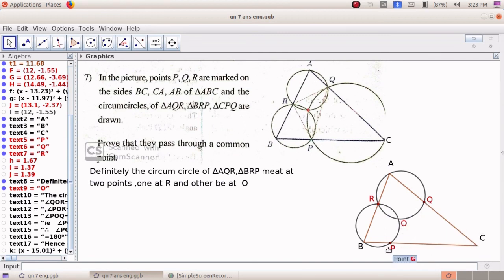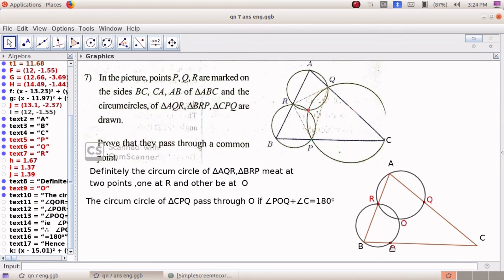If we prove angle POQ plus angle C is 180 degree, we tell that it is a cyclic quadrilateral. That means when a circle is drawn through CPQ, or a circumcircle is drawn through CPQ, it has to pass through O also.